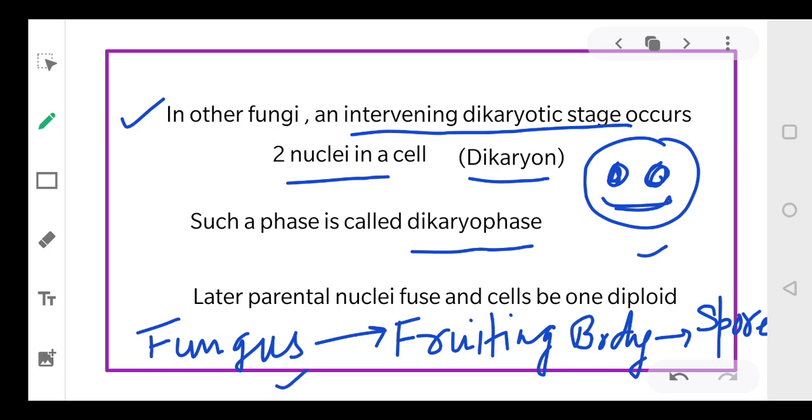Then this fungus will form a fruiting body, and the fruiting body will contain spores, and the spores will be haploid. Clear? So the individual is diploid, but the spores that are formed will be haploid.